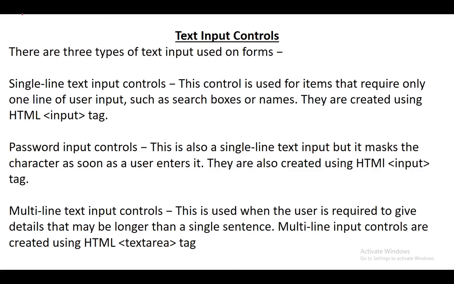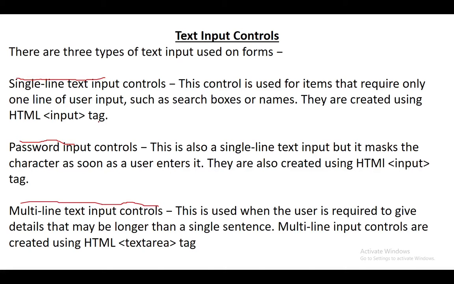Text input control. There are three types of text input used on forms. We have single line text input control, we have password input control, and we have multi-line text input control.